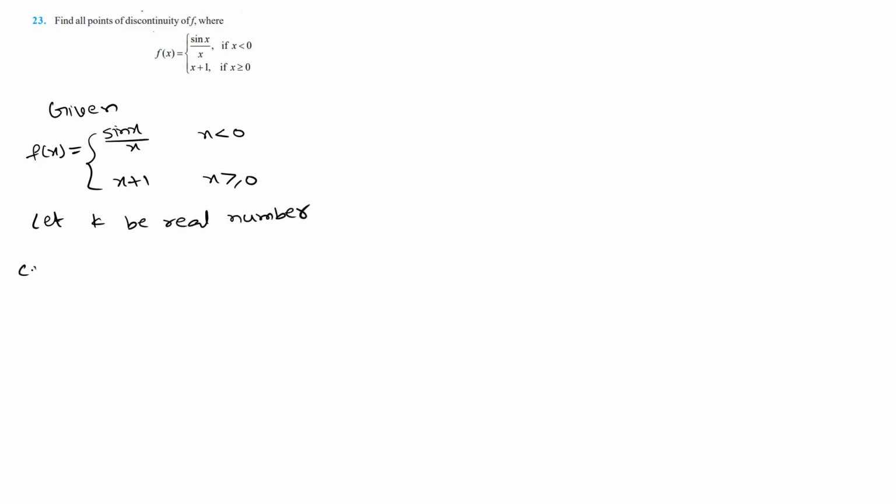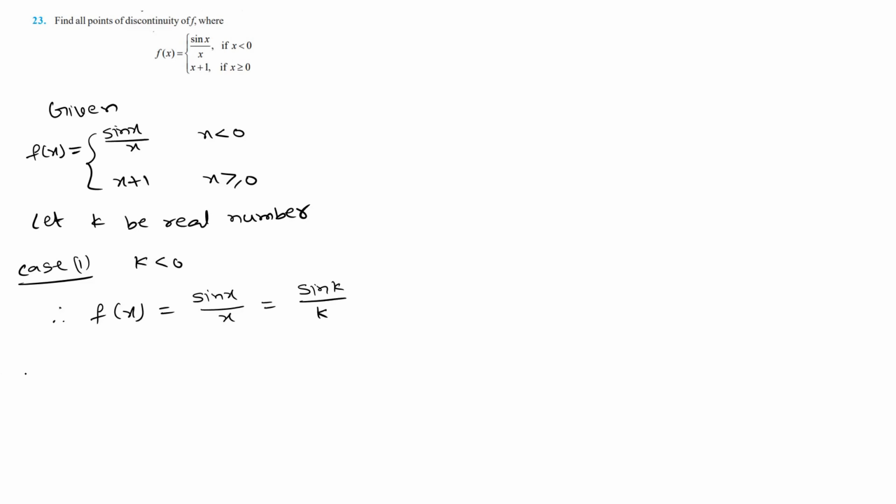The first case is k less than 0. Then we get sin x by x, so f of x is equal to sin x by x. Where x is k, f of k is nothing but sin k divided by k.